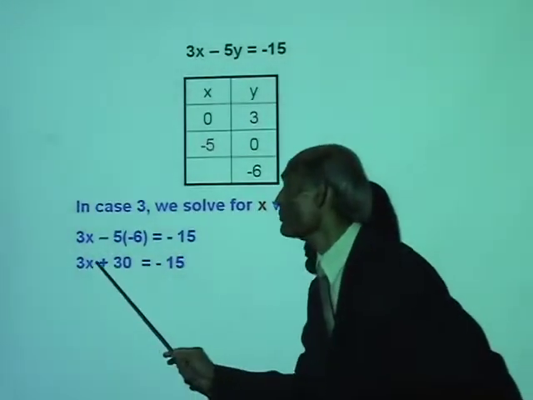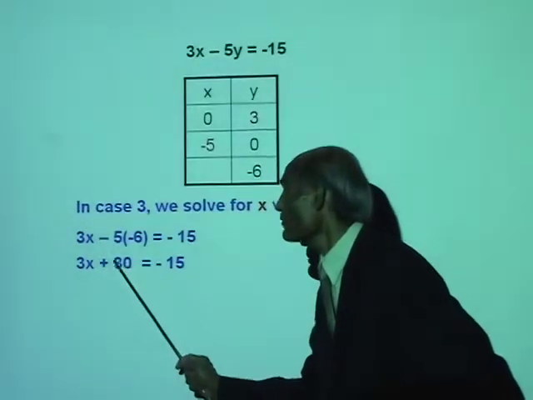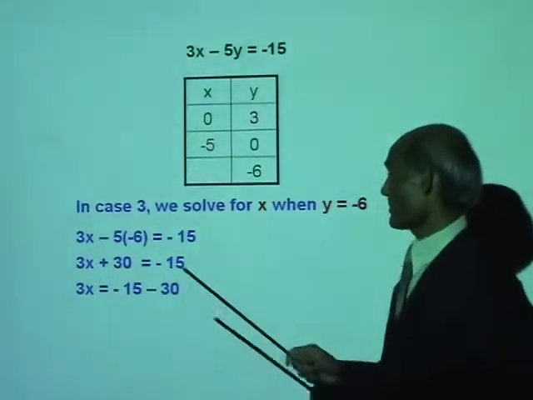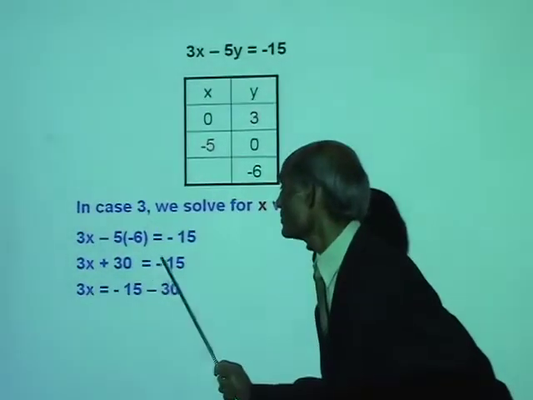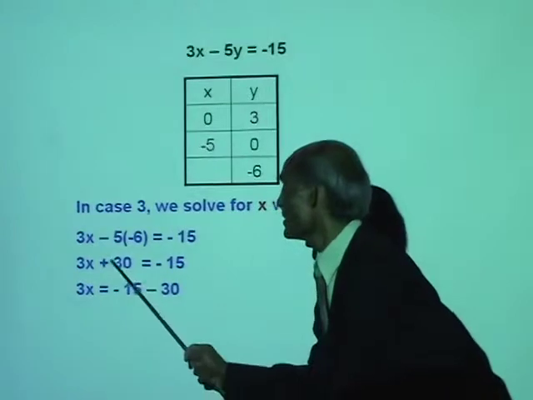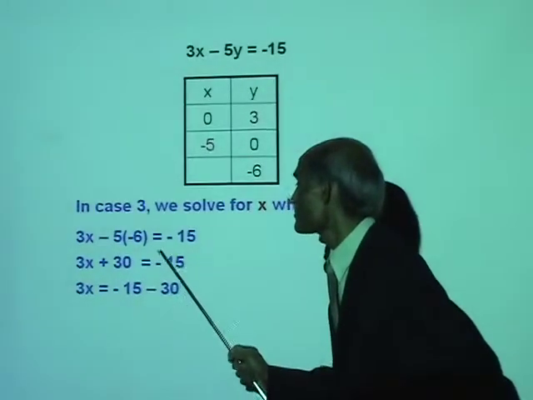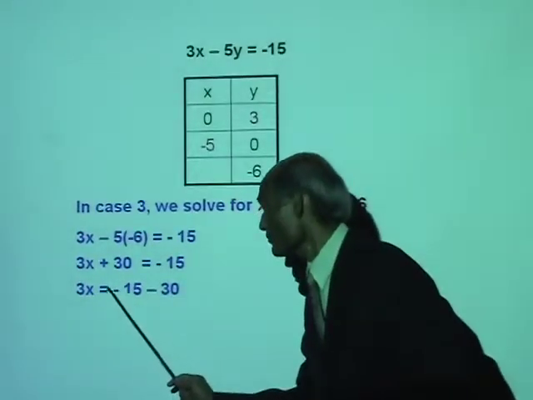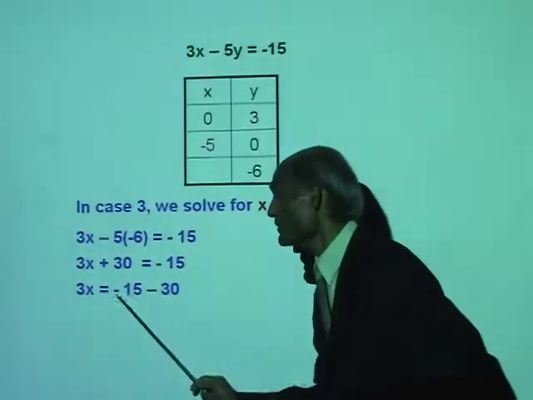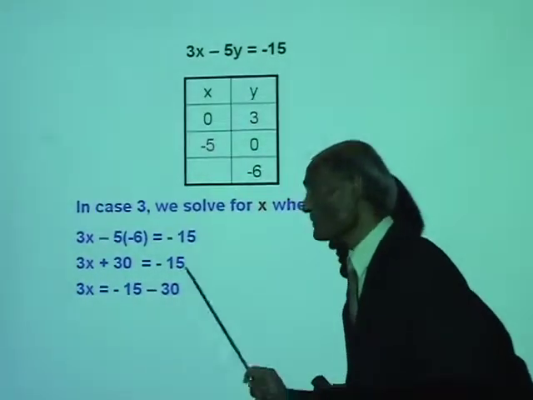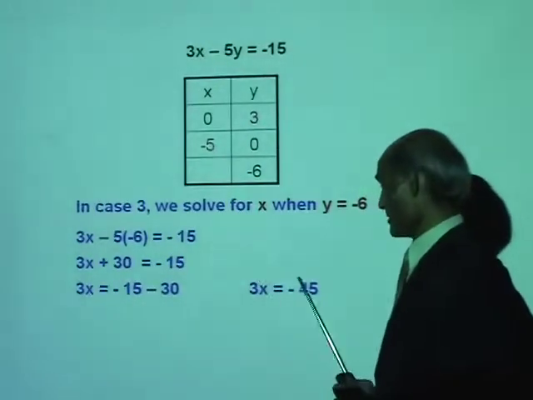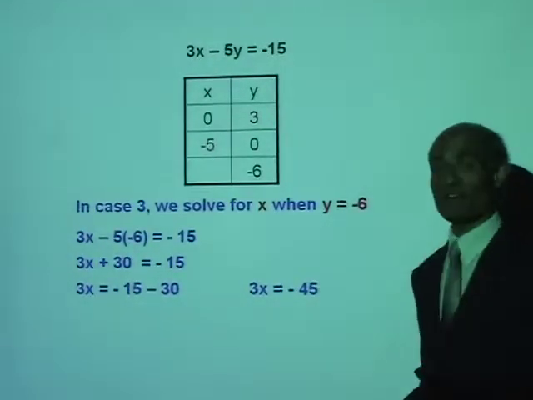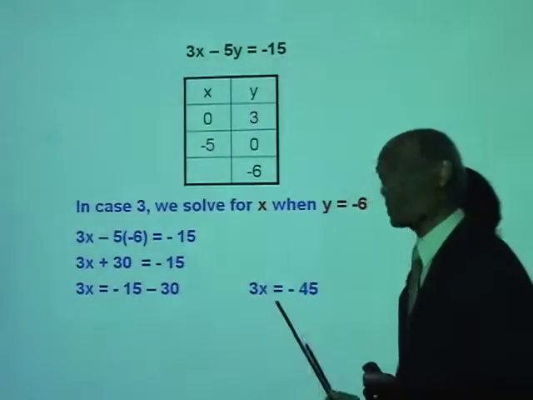What do you do to solve for x? Move that positive 30 to the right. It will become -30. Alright? We have 3x equal to -15 already there. This 30 from the left moves to the right, becoming -30. And what is this? -15 minus 30. What is -15 minus 30? That would be -45. 3x equal to -45. Can you solve that on your own?